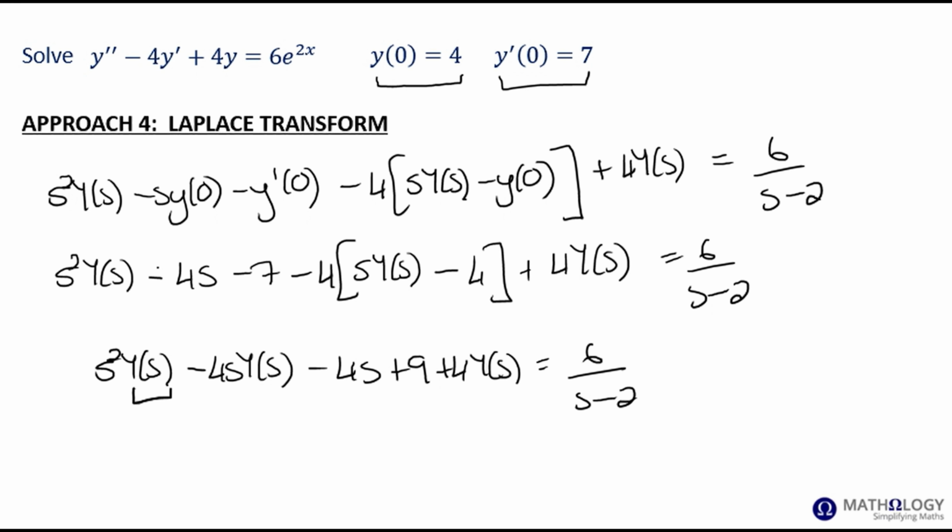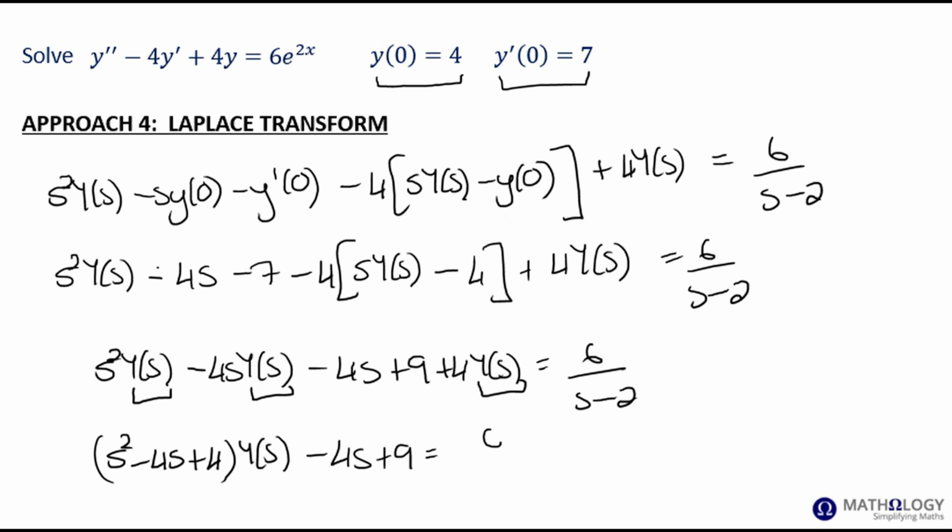Now just taking each term with a Y of s, we will have s squared minus 4s plus 4 times Y of s minus 4s plus 9 equals 6 over s minus 2.